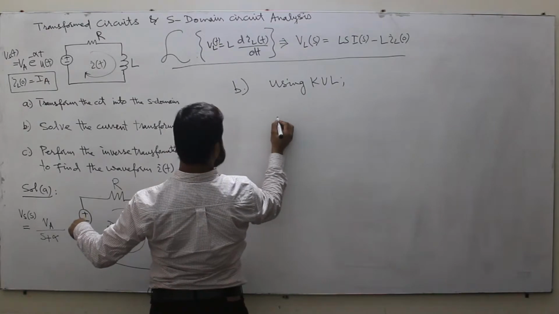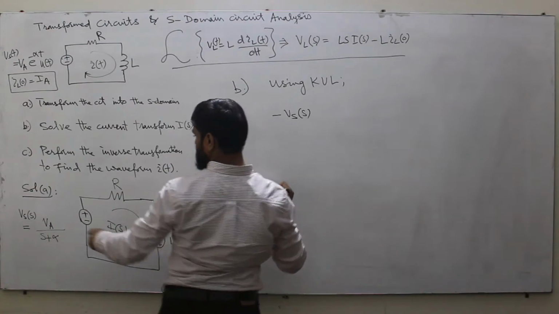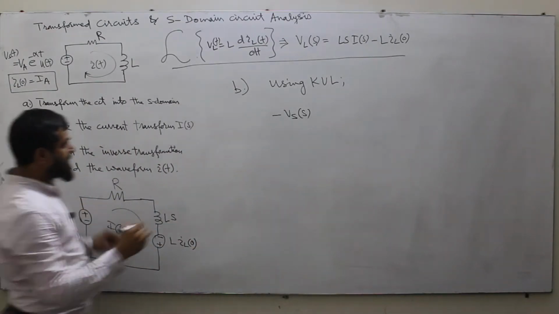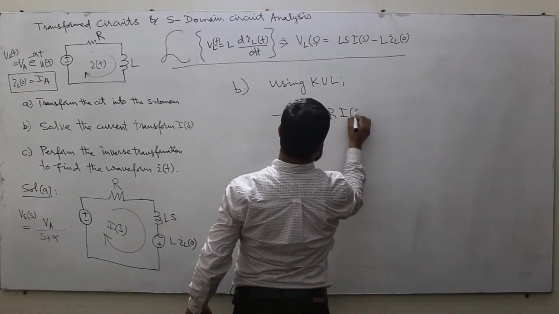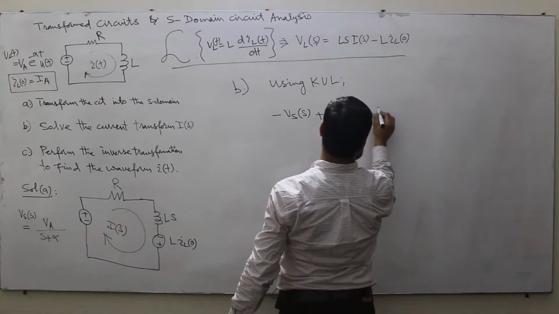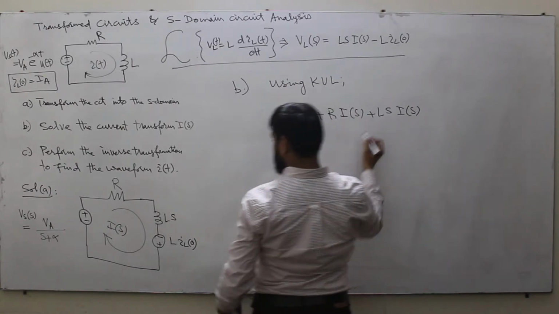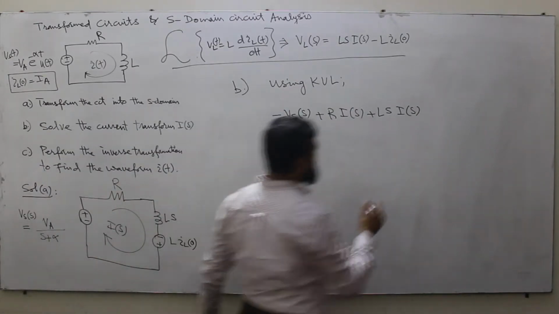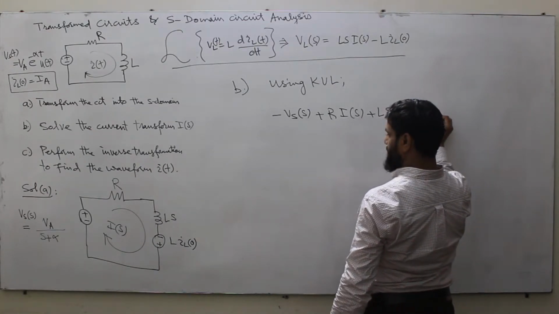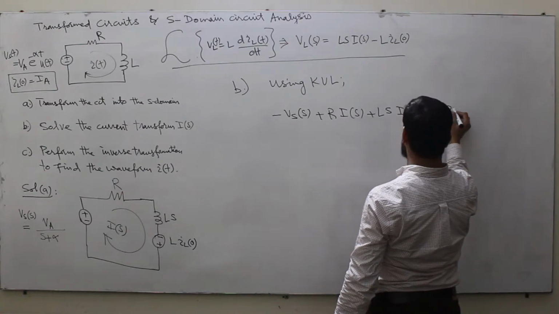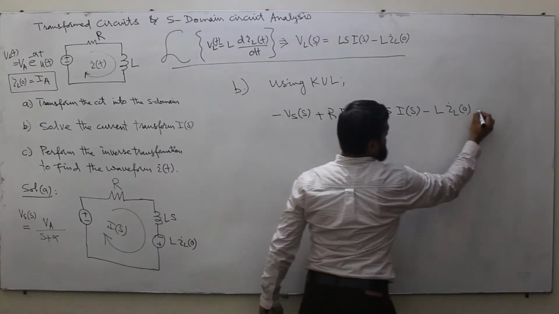Let's first write it in the most general form: Vs of S, plus R into I of S, plus Ls into I of S, since this is the reactance just like the resistance but for the reactive load, minus L into IL of 0 is equal to 0.